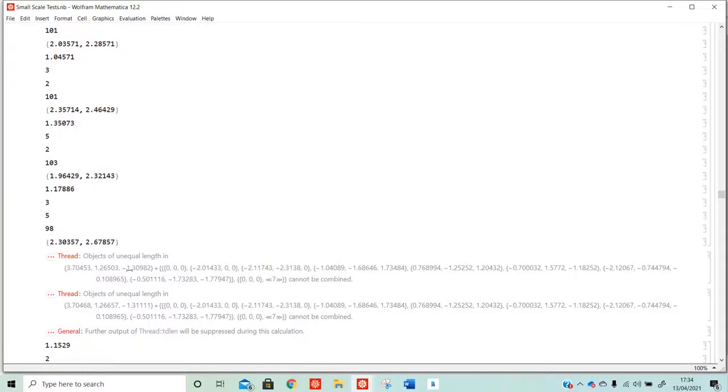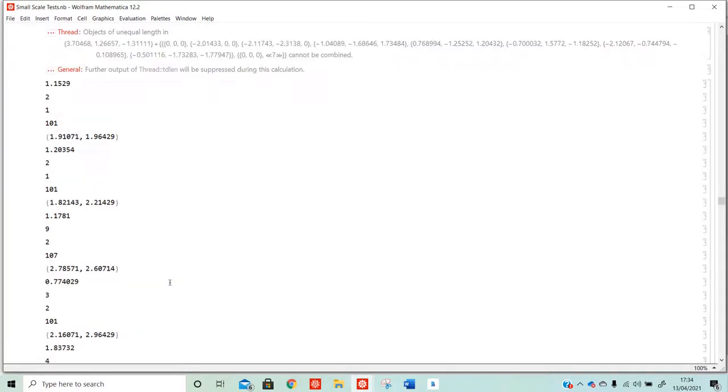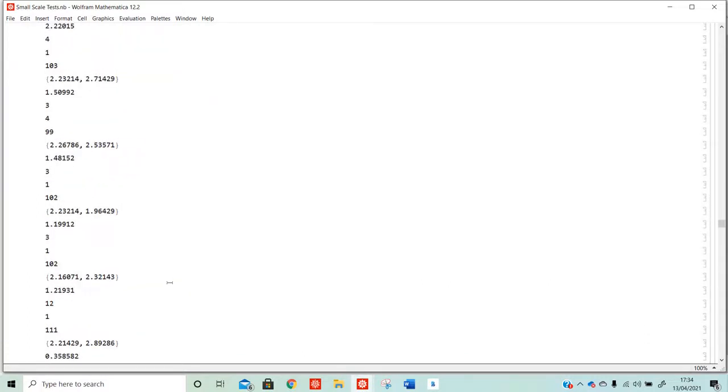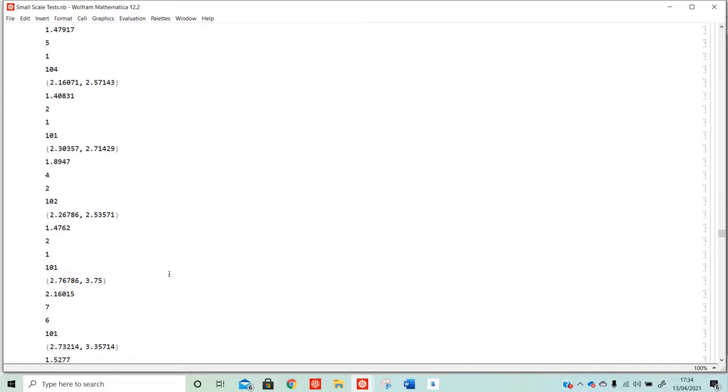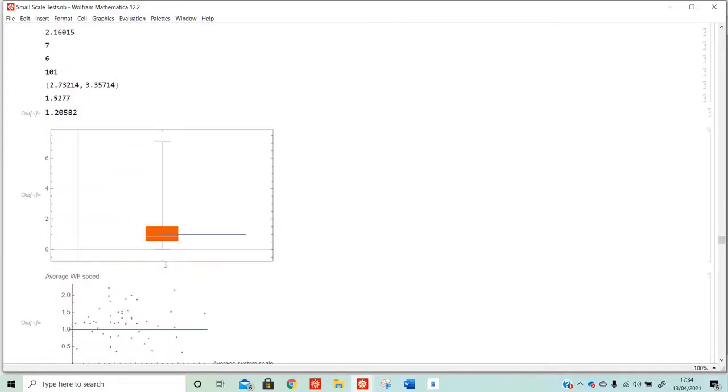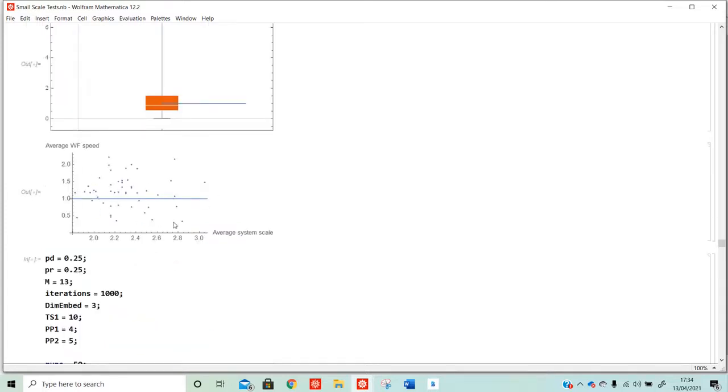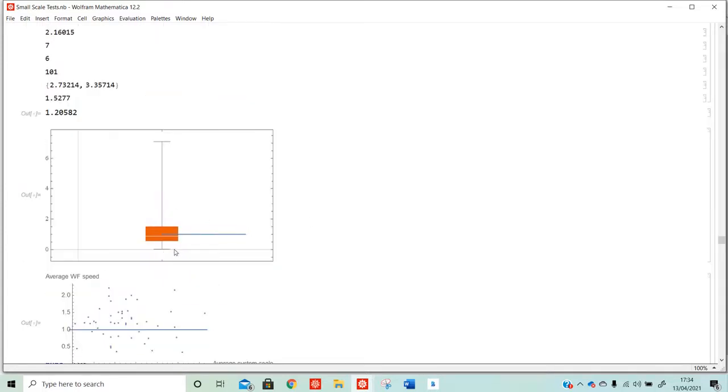By the way, when these errors occur, that's just because the point at which this centralized point particle is updated goes beyond the time steps that we've allowed to observe the system. Here again, there's no correlation between the average scale of the system and the wavefront speed, and the average speed is about 1.2.